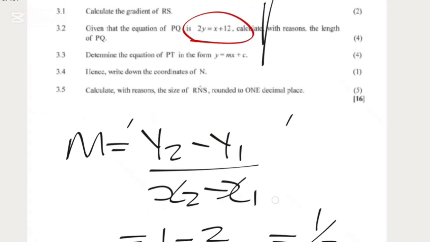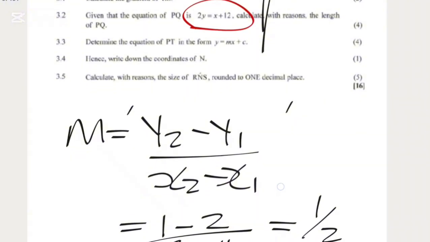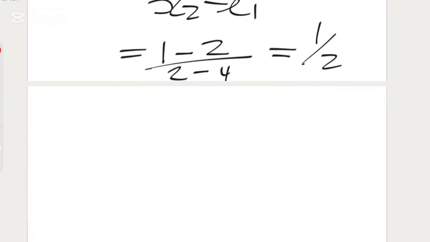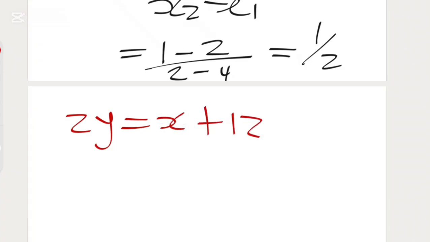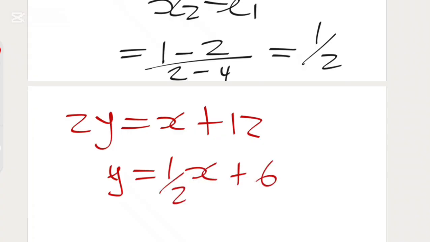Since we know the equation of PQ, let me take it: 2y plus x plus 12. 2y is equal to x plus 12, so y is equal to 1 over 2 x plus 6. I divided everything by 2.